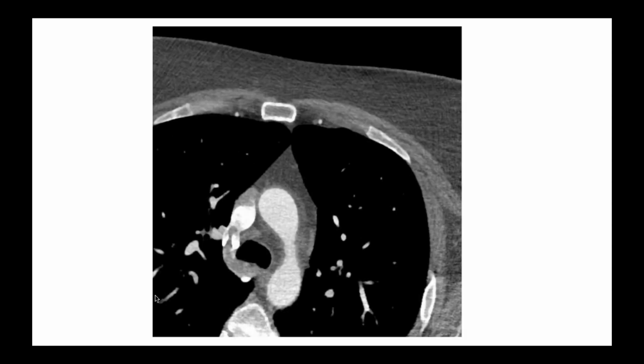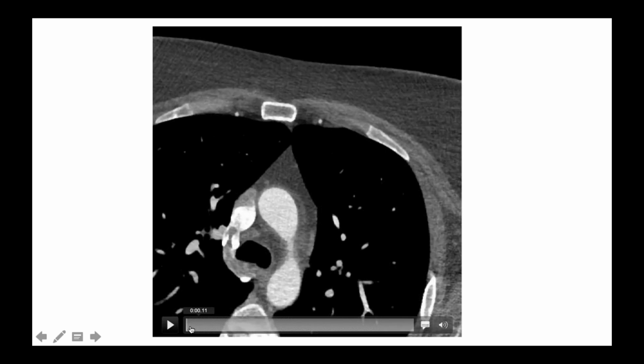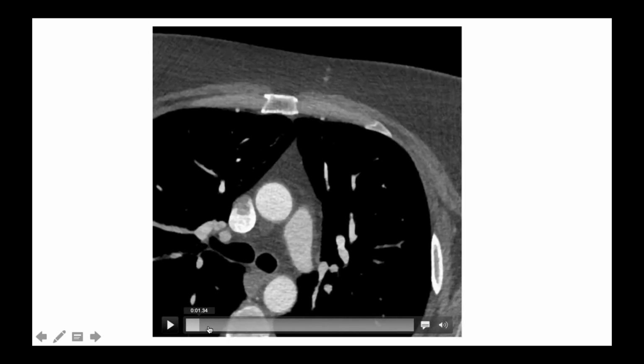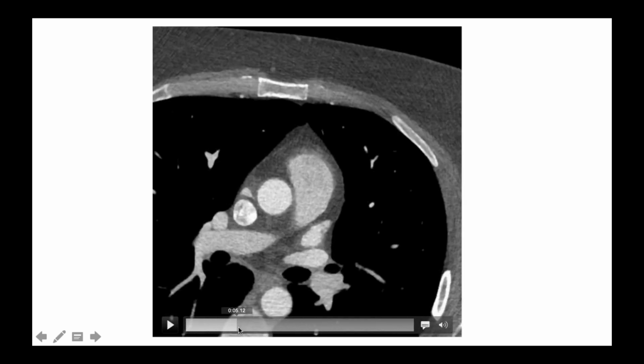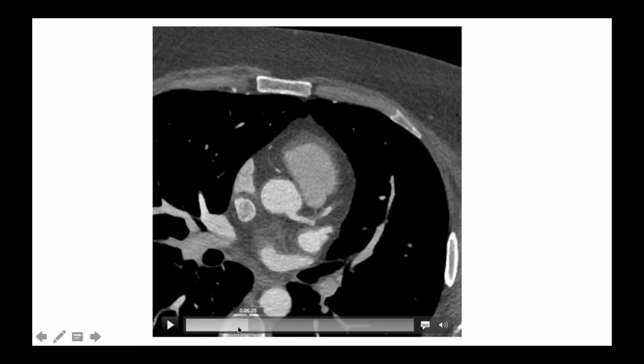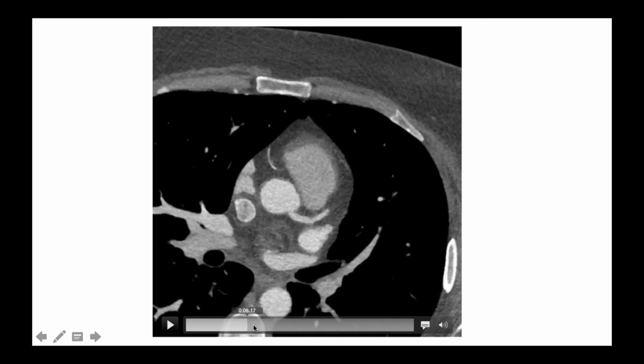A 39-year-old woman who presents with a STEMI. I'll just show you the images, and then if anyone wants to speak up, please go ahead and tell me what you're seeing.